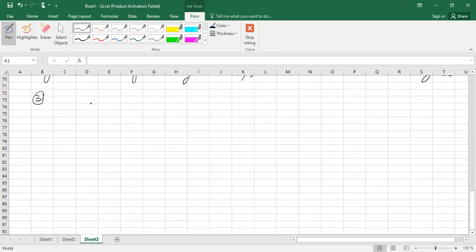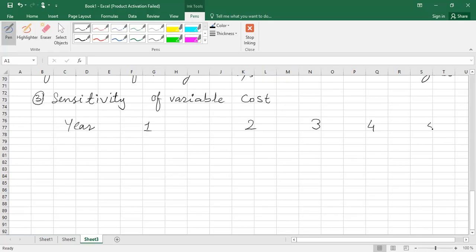There will be a saving of taxation. Suppose here we have years 1, 2, 3, 4, 5. Variable cost is a cash outflow. That's why we will show this amount in brackets.